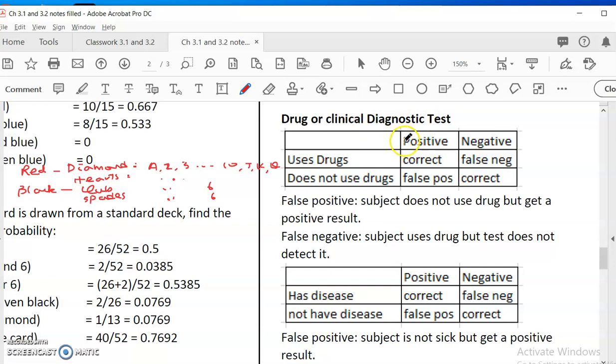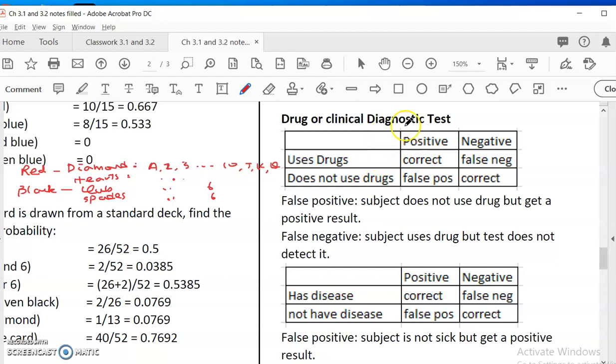Before that we also had drug tests where if you are an athlete competing in the more important competitions, they would randomly pick some athletes to test for drugs. Or if you're applying for jobs, sometimes you are required to take drug tests also. They want to see if you take drugs.